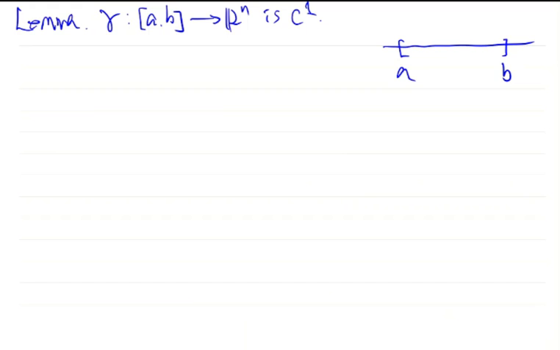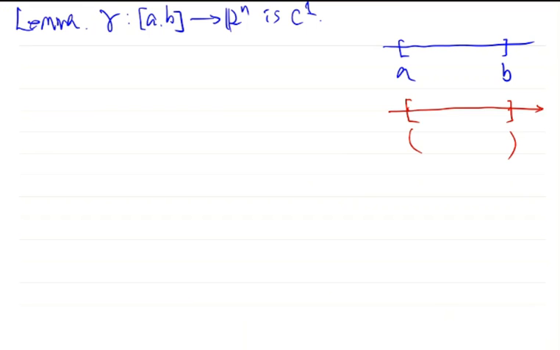What does C1 map mean? Well, our smooth parametric curve is continuous in the closed interval [a, b], but it is only differentiable on the open interval. Of course, we require that the derivative is bounded. But it might not be differentiable at the endpoints of the interval for our parametric curve.